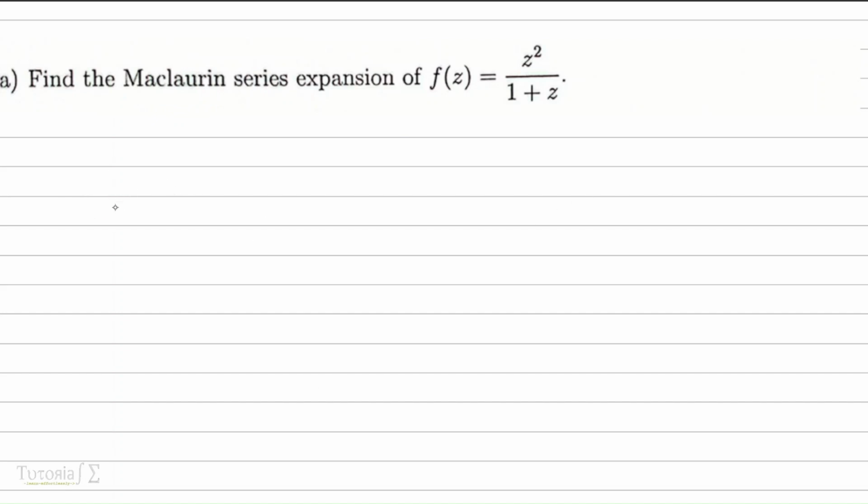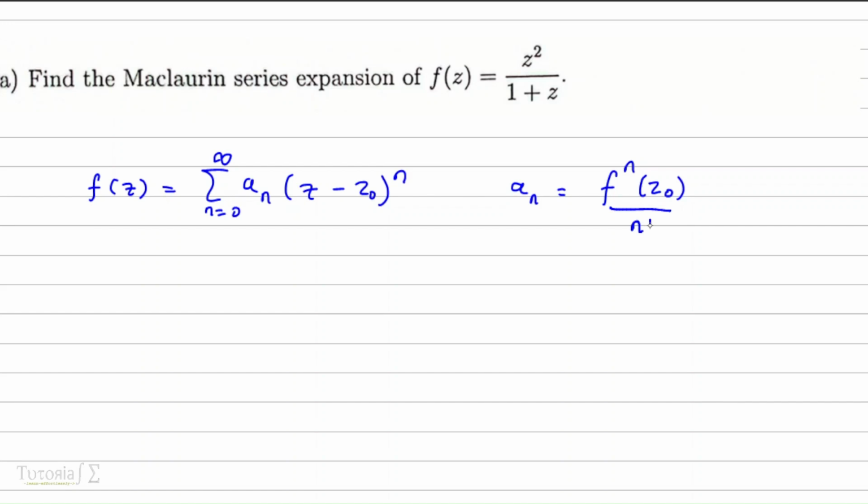Well, a Taylor series is just a series of the form f of z equal to the sum from 0 to infinity of some constant an, then z minus z naught to the power n, where an is equal to the nth derivative of f at the center z naught, over n factorial.